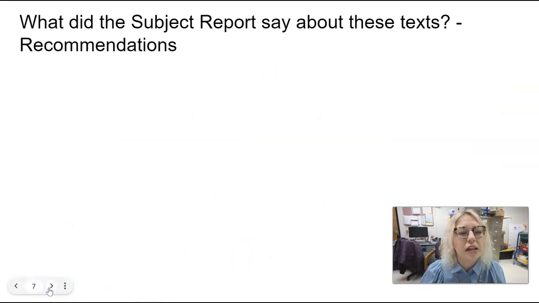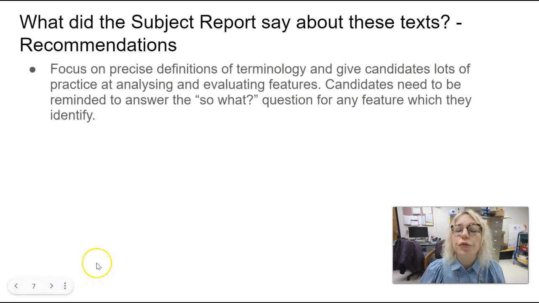All right, what else do they have to say? Focus on precise definitions of terminology. Give candidates lots of practice at analyzing and evaluating features. Candidates need to be reminded to answer the so what question for any feature which they identify. And so be really specific and precise when you use literary terms. They don't want you to use the terms incorrectly.